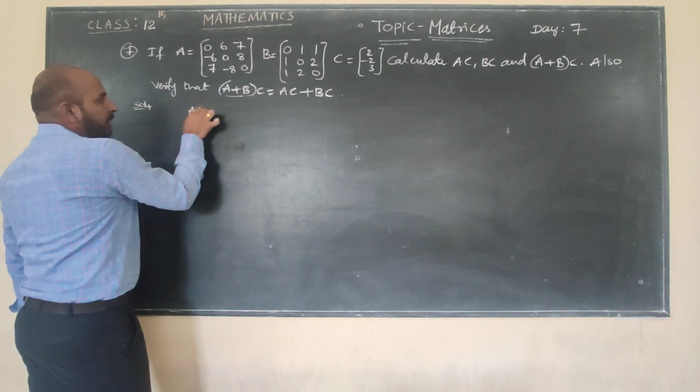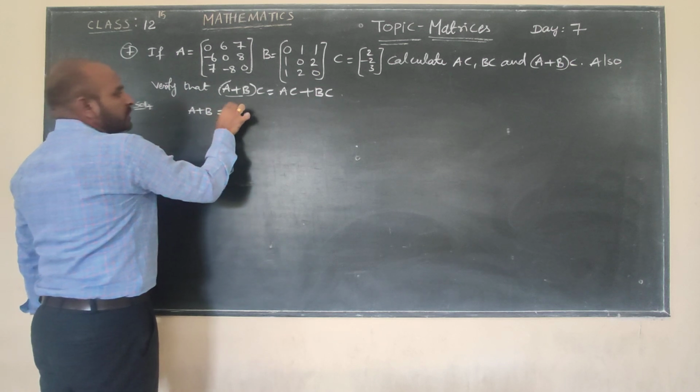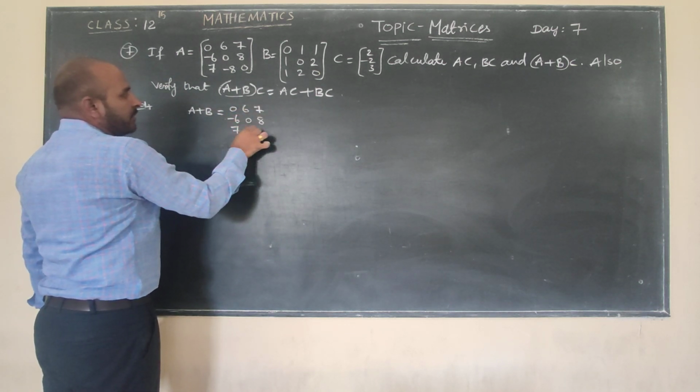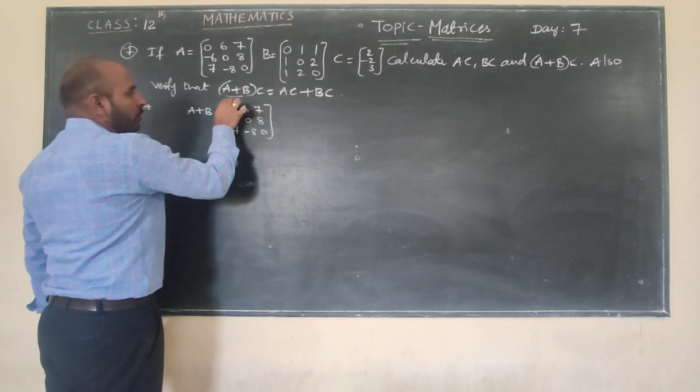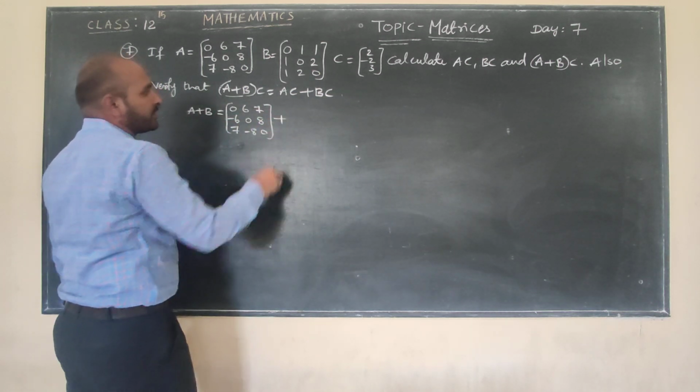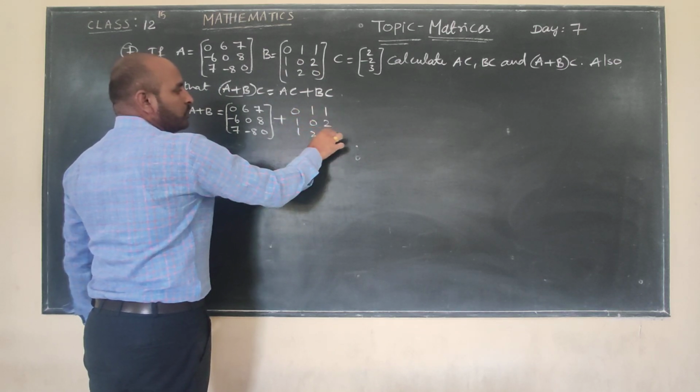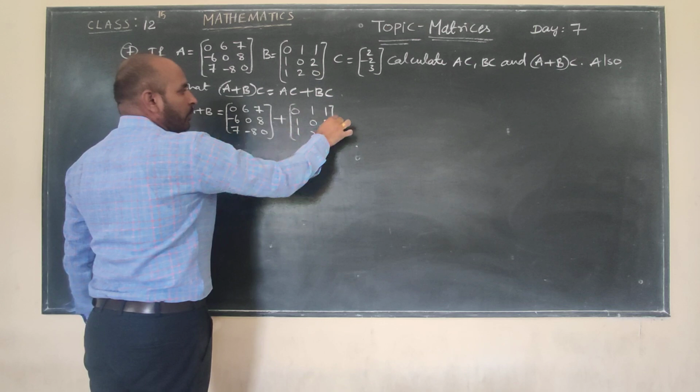A plus B equals the matrix 0, 6, 7, minus 6, 0, 8, 7, minus 8, 0, plus the B matrix 0, 1, 1, 1, 0, 2, 1, 2, 0.